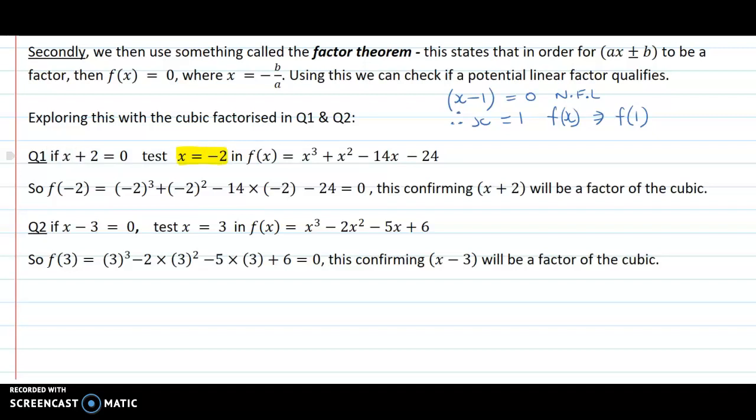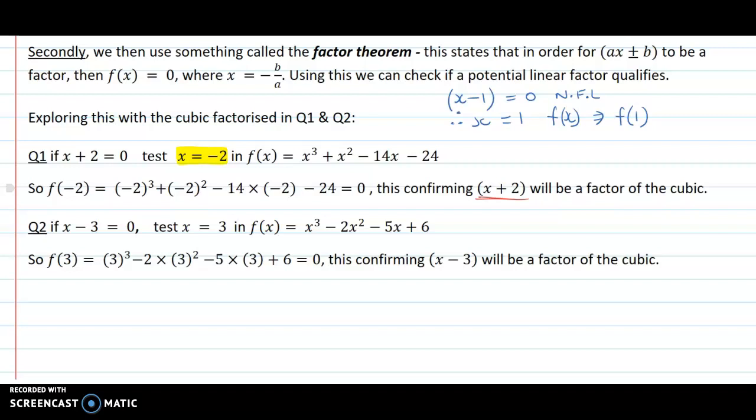What I'm actually subbing in is x equals negative 2 into my function defined by x cubed plus x squared minus 14x minus 24. So if I sub that in, you can see I get 0. So this confirms that for this first function, x plus 2 will be a factor of the cubic.